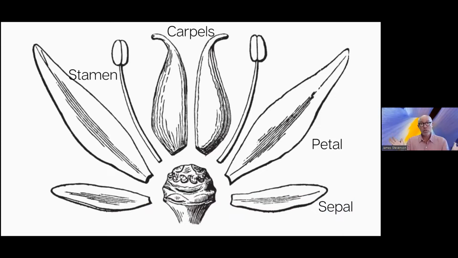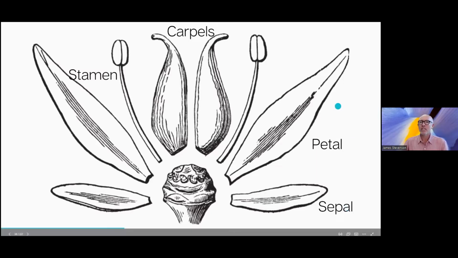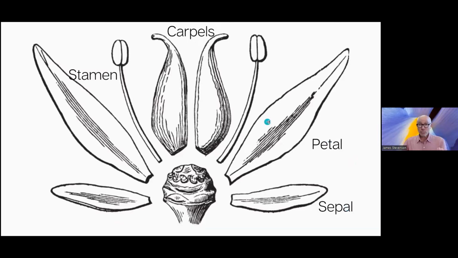The next in towards the center of the flower is a whorl of modified leaves that are called petals. Maybe you've heard of those. The petals. Moving in towards the center of the flower, we have the stamens. Does that sound familiar? I bet you've heard that word before, maybe in 9th grade biology. The stamens.